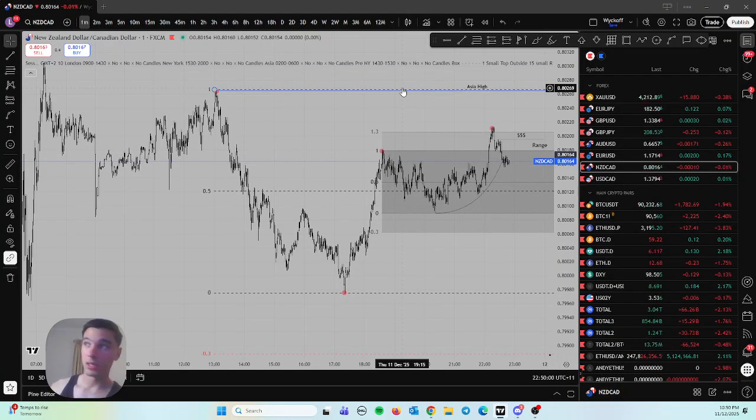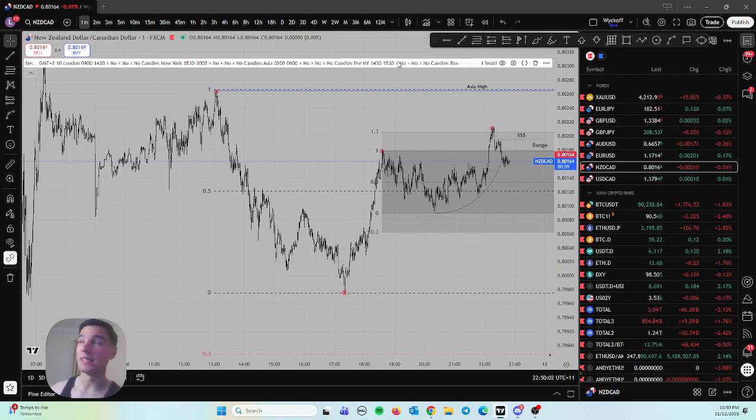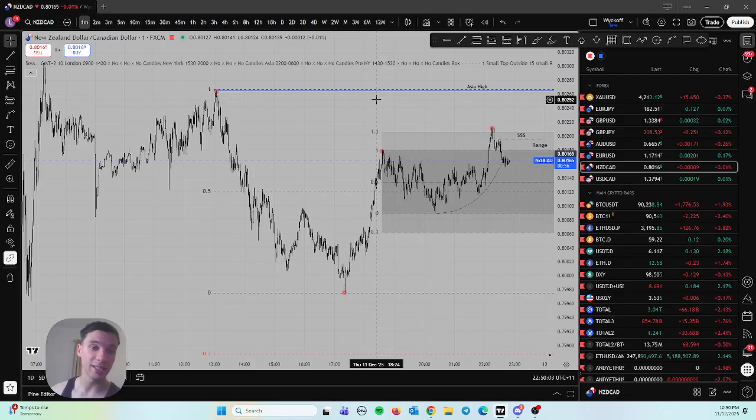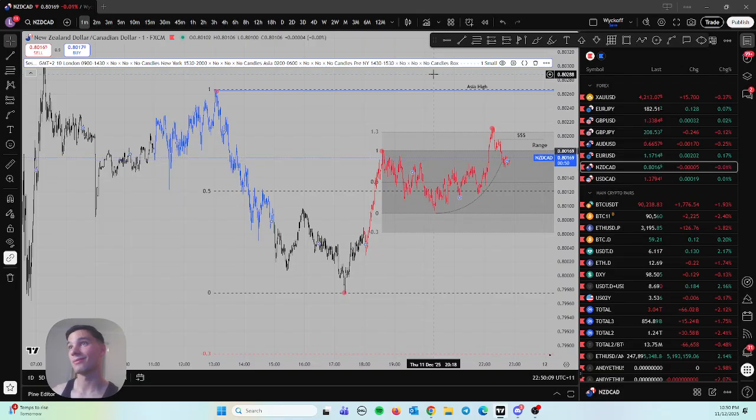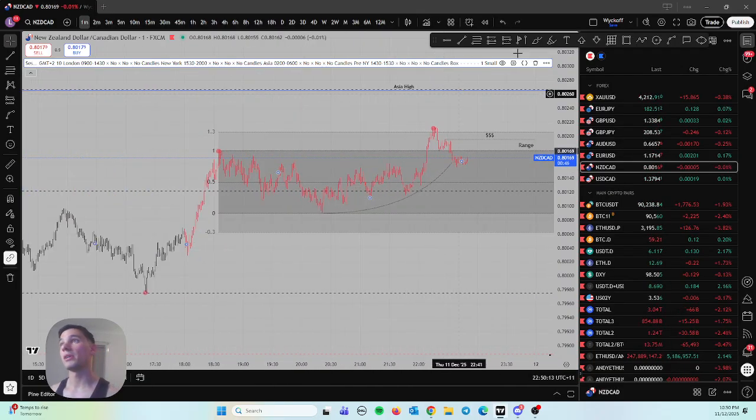We're looking for an accumulation ideally, because the Asia high has not been taken yet, whereas we're in a distribution now. London high is there, but we'll mark it.